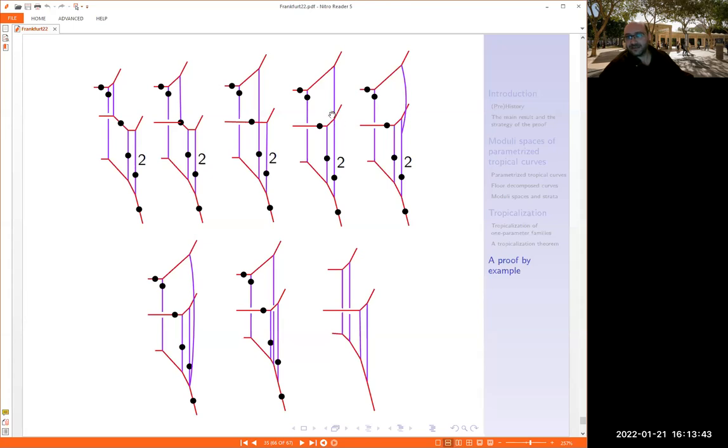I take this simple wall with four-valent vertex that corresponds to this picture. And I choose this resolution where the two elevators get joined together and the two edges of the floor get joined together. I get a new nice cone, and I know that such a curve is the tropicalization of a curve in my original irreducible component.